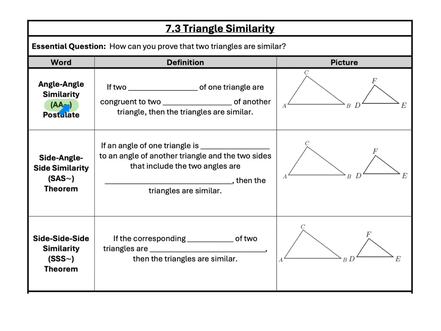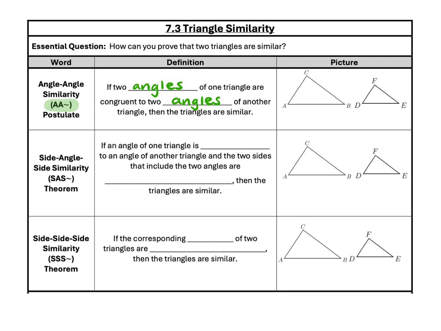So angle-angle similarity is AA with this symbol. And what this postulate tells us is if two angles of one triangle are congruent to two angles of another triangle, then the triangles are similar.